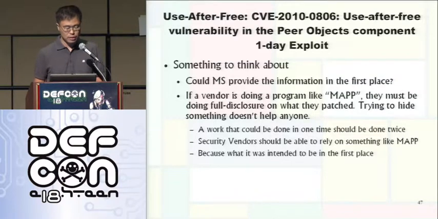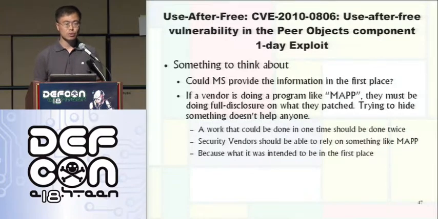So it looks like it's not good behavior, because the security vendors should diff all the binaries themselves. Even though they have MAPP, they can't trust it, because MAPP sometimes doesn't include some valuable information.